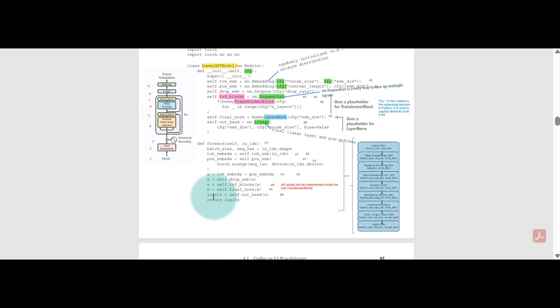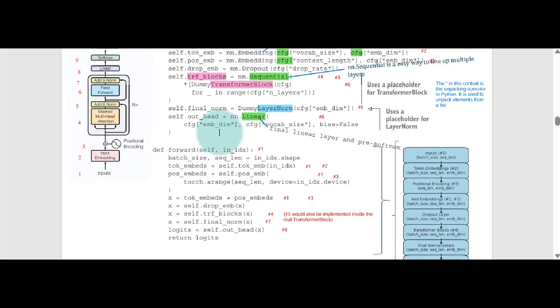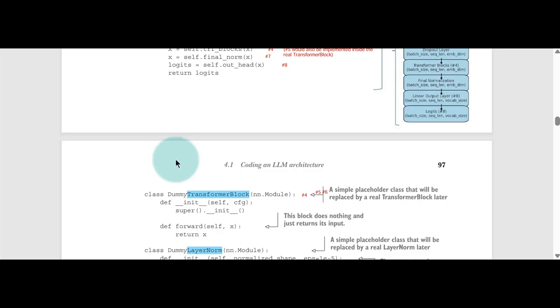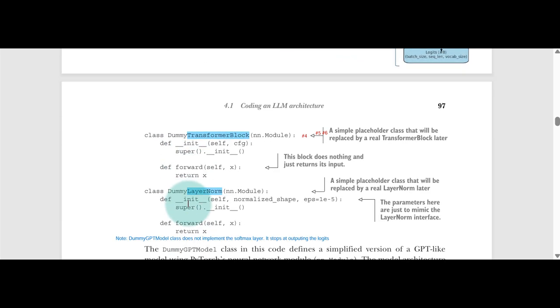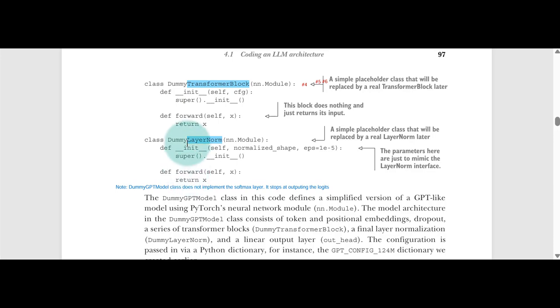The layer norm, because you can see there's a norm here and there's a norm here, so that's some kind of normalization process. So we need that. So that's going to be here. And each of these classes also has to have their own init and forward method.